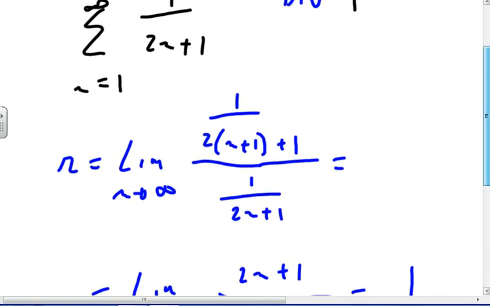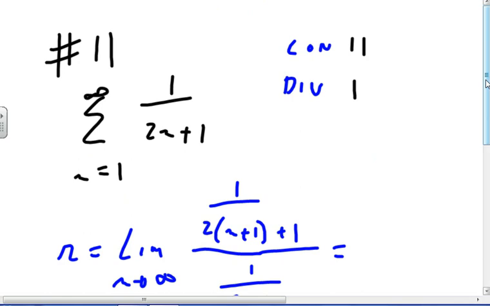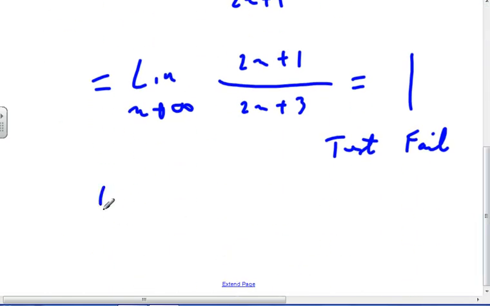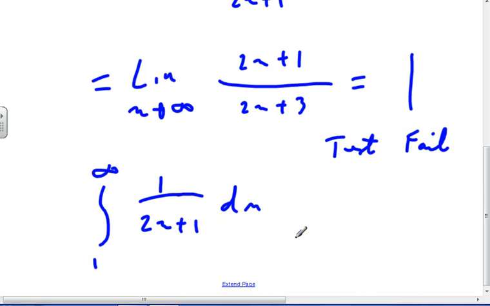So that means from this test, neither of you are right yet. When the test fails, we have to do the integral test. So we're going to do the integral of, is it 1 to infinity or 0 to infinity? 1 to infinity of 1 over 2n plus 1 dn. So what do I want to do?